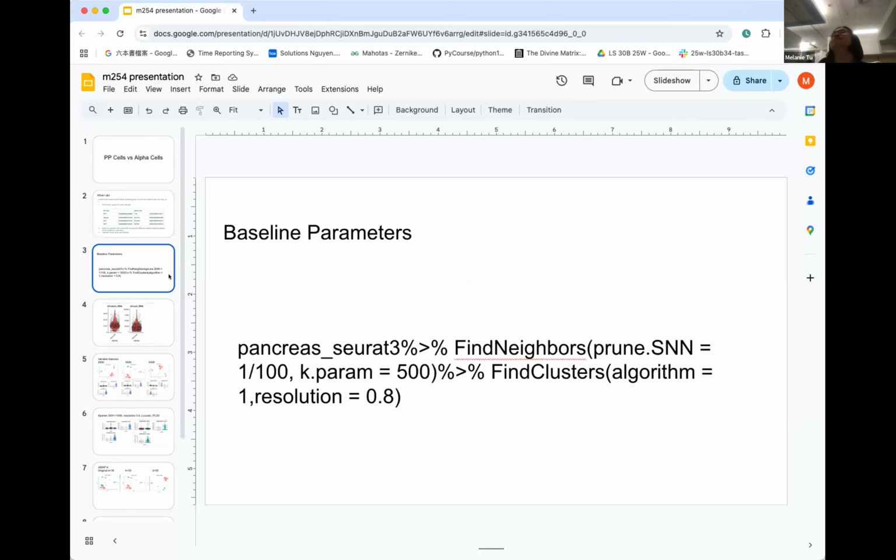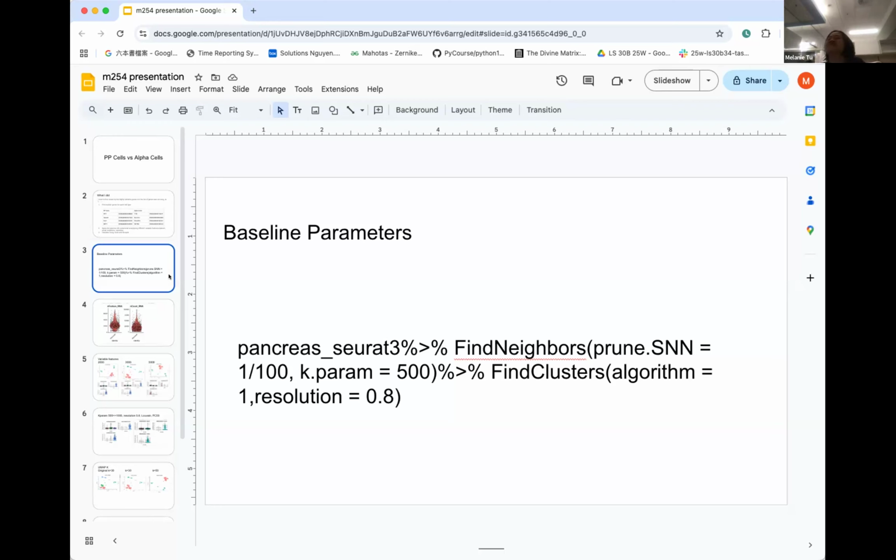These are the baseline parameters that I started with: K-param 500. Later in the presentation I'll show how I changed K-param to a bigger value to validate whether my clusters were correct.